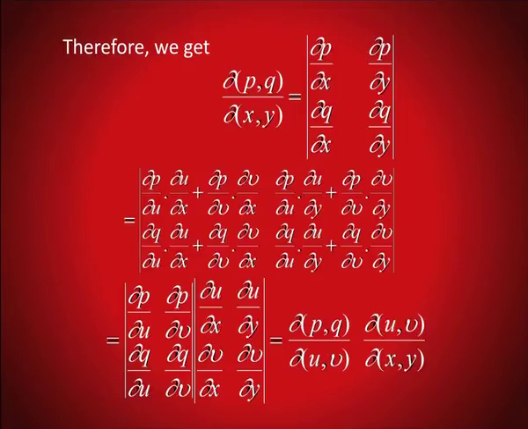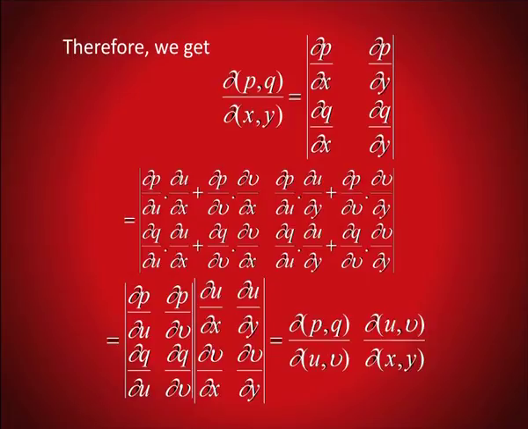Its determinant can be represented as the determinant with first row ∂p/∂u multiplied by ∂u/∂x plus ∂p/∂v multiplied by ∂v/∂x, and similarly ∂p/∂u multiplied by ∂u/∂y plus ∂p/∂v multiplied by ∂v/∂y, and second row ∂q/∂u multiplied by ∂u/∂x plus ∂q/∂v multiplied by ∂v/∂x, and ∂q/∂u multiplied by ∂u/∂y plus ∂q/∂v multiplied by ∂v/∂y.